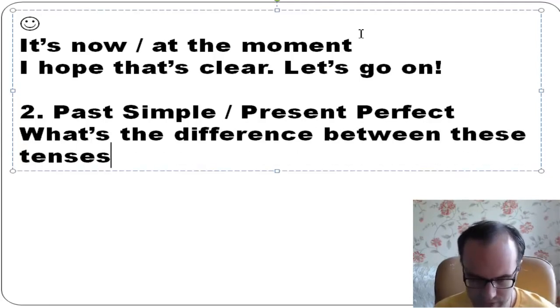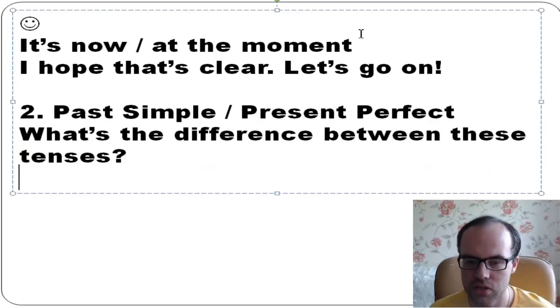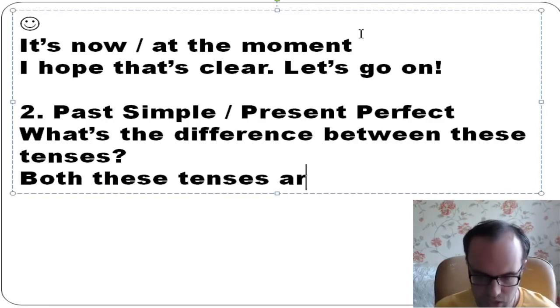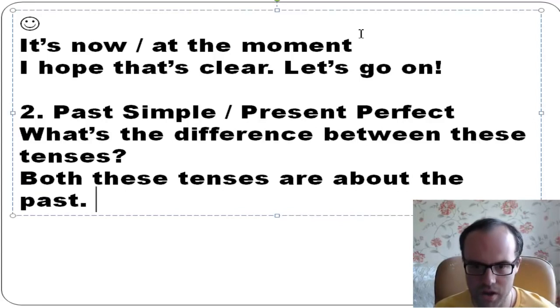Both these tenses are about the past. So if there is a connection with the present, you need to use present perfect.